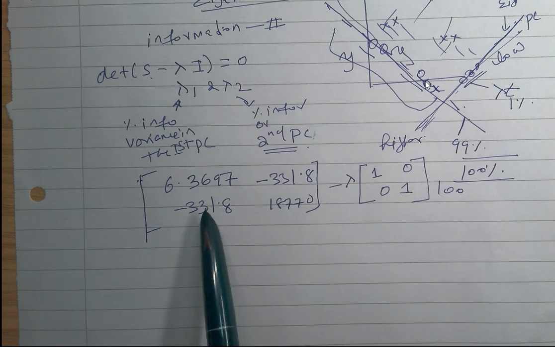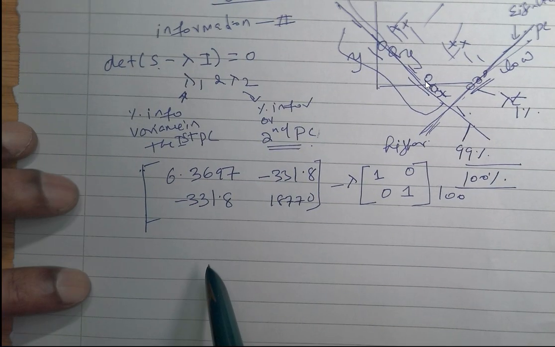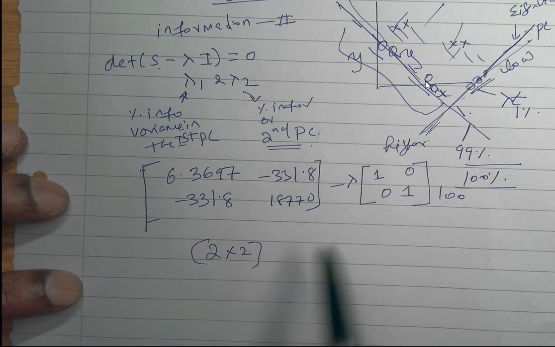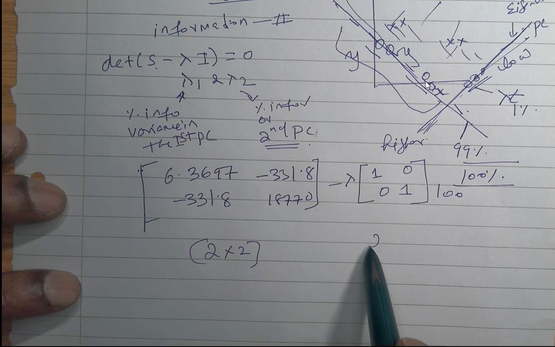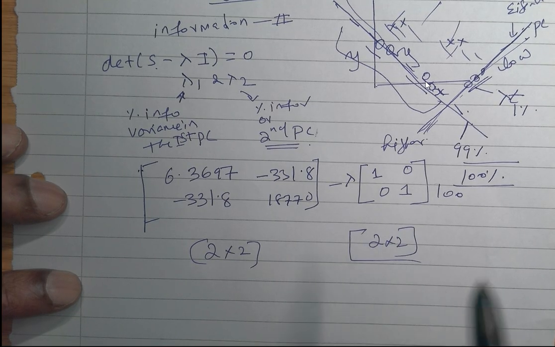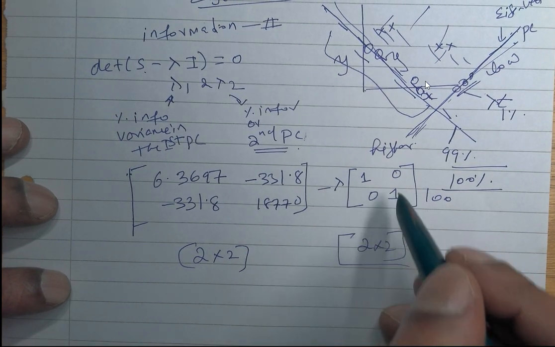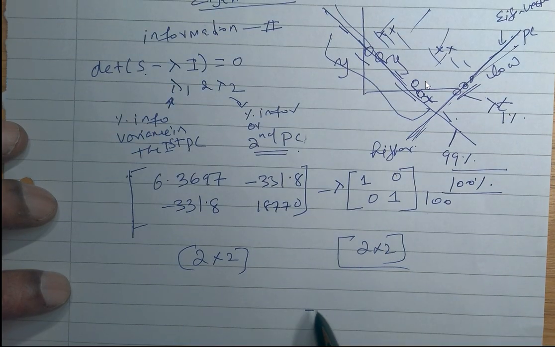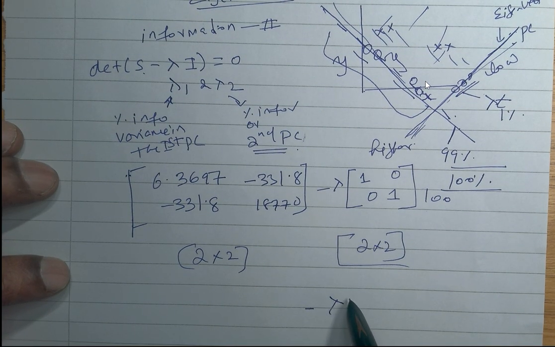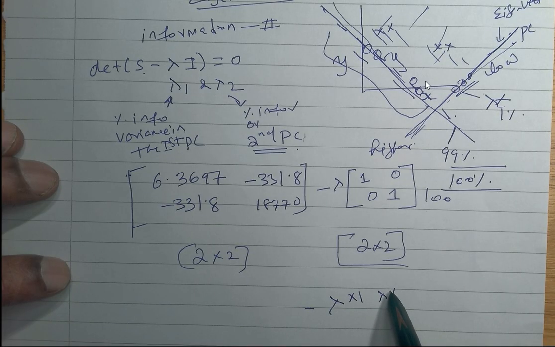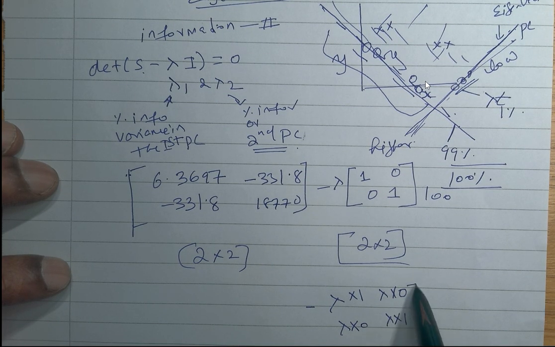Your covariance matrix is 2 by 2, so the identity matrix will be 2 by 2. Multiply that by lambda, which gives lambda times 1, lambda times 0, lambda times 0, lambda times 1.